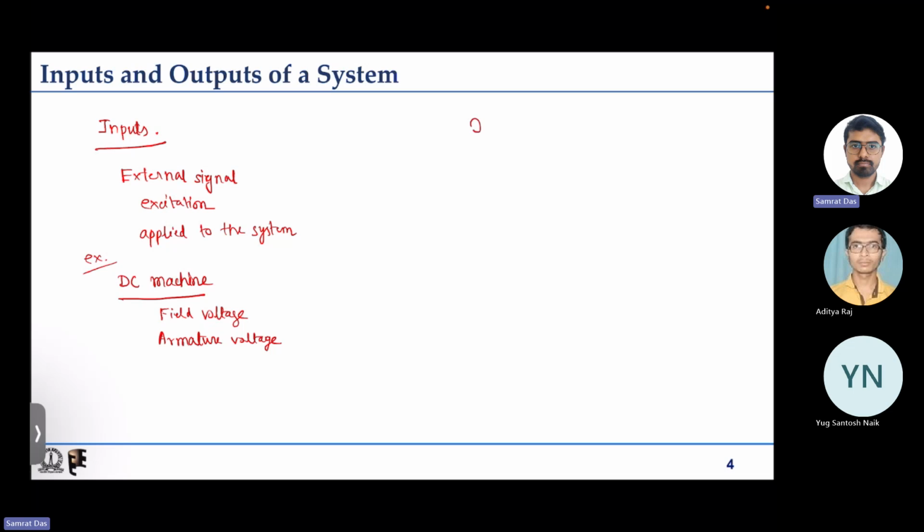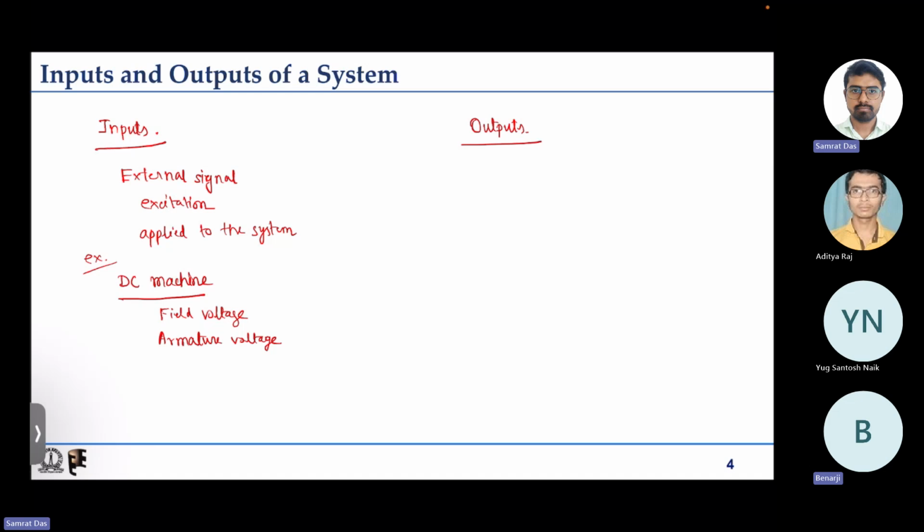Now what are the outputs? It is some quantity. Obviously, inputs and outputs both are quantities, and the quantities will have to be of interest to us.